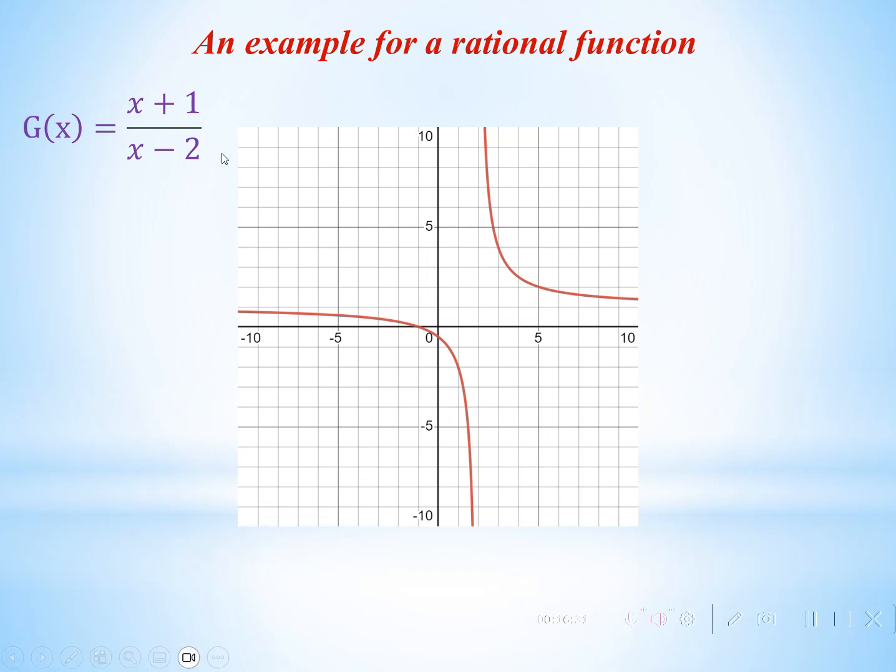Put x equal 5, so 5 plus 1 over 5 minus 2, so 6 over 3 gives 2. So at x equals 5, we get 2. Correct. Another point, x equals minus 1, gives g equals 0. So at x equals minus 1, the function equals 0.